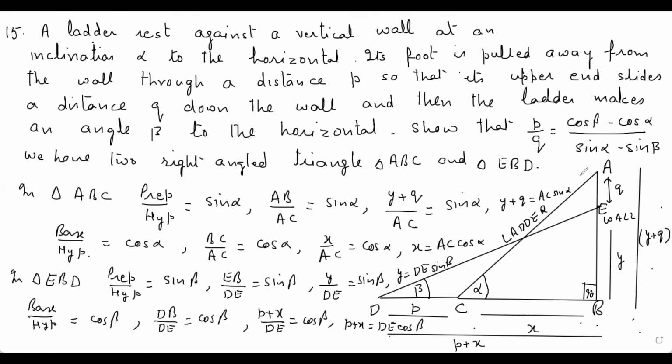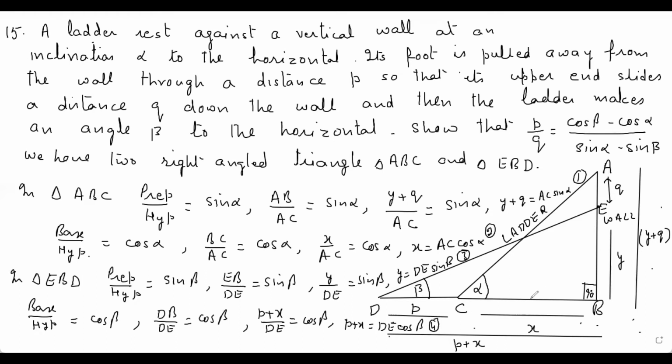Now this is the first equation, this is the second equation, this is the third equation, and this is the fourth equation. I have these four equations. Let me repeat it. First, I discussed triangle ABC, taking perpendicular upon hypotenuse, where perpendicular is AB and hypotenuse is AC.